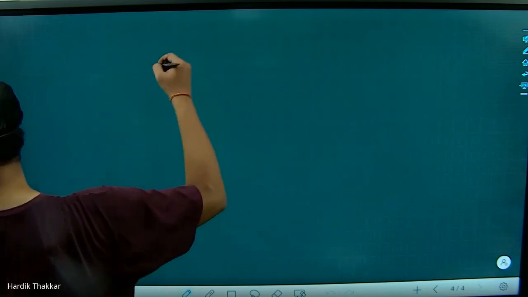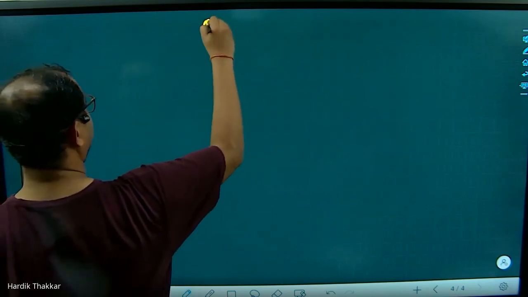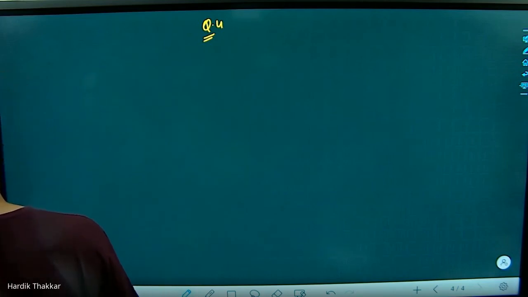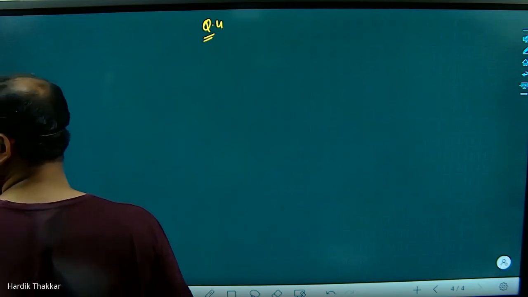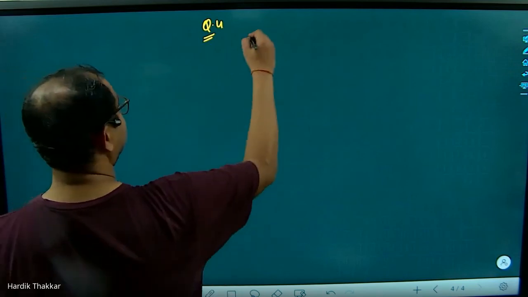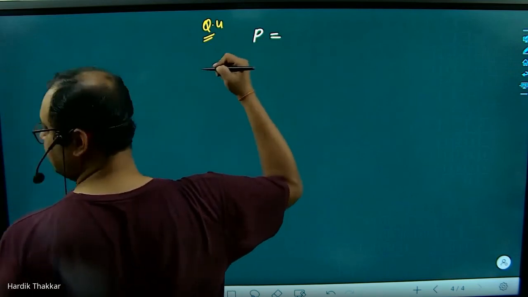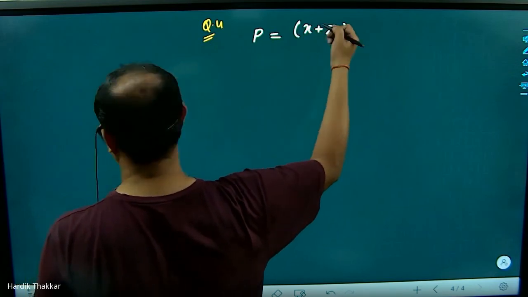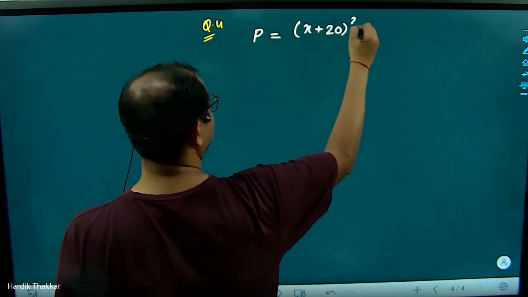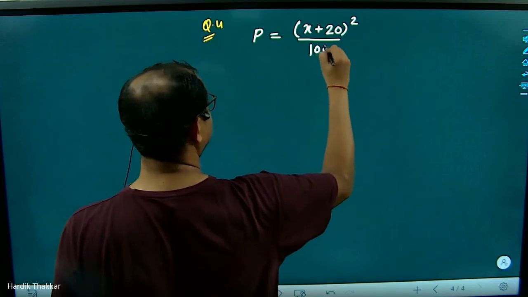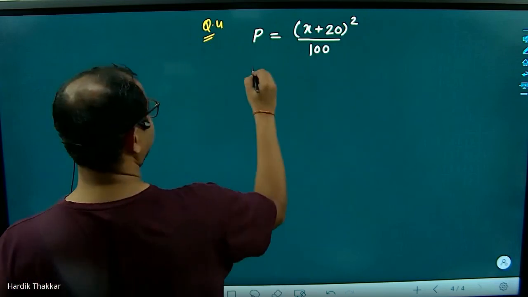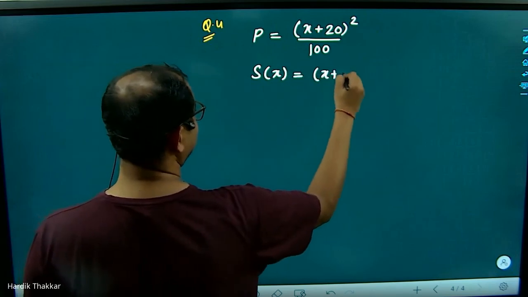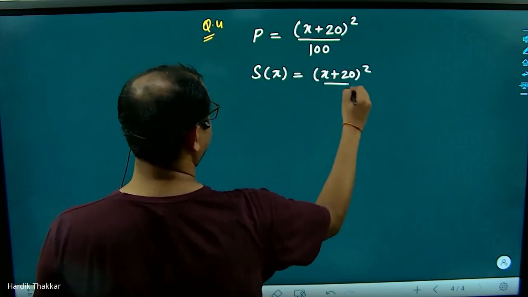Question number 4. From question number 4 onwards, the supply function is given. The supply function of commodity P is x plus 20 whole square divided by 100, represented by S of x, that is equal to (x plus 20) whole square divided by 100.